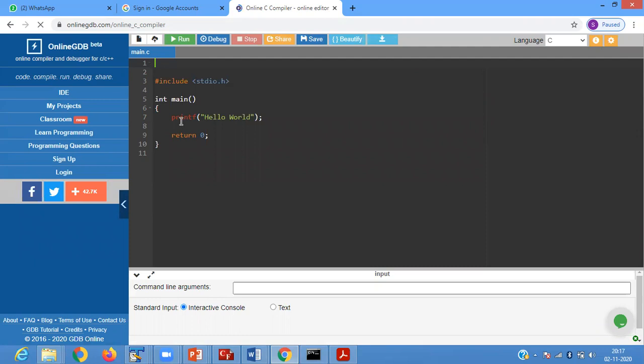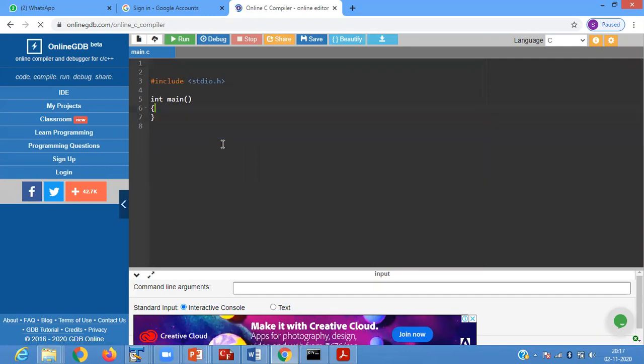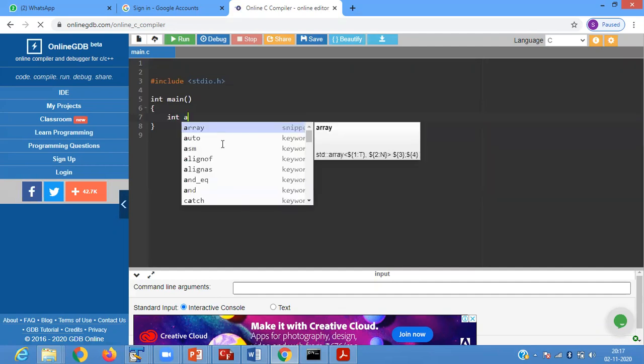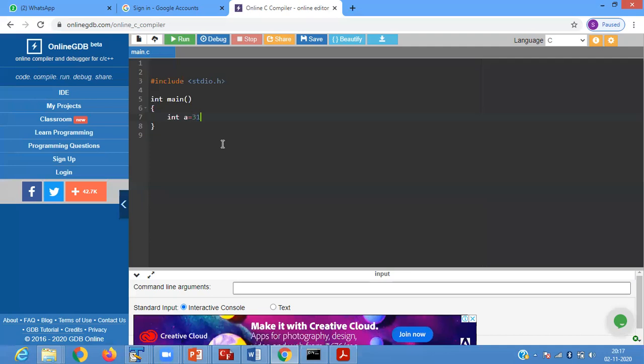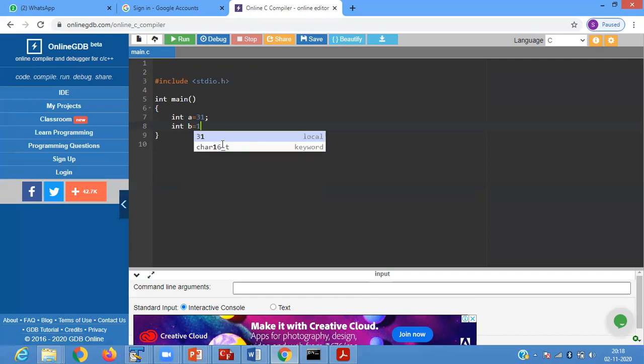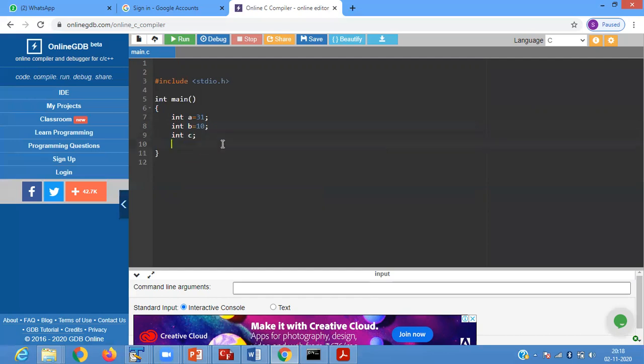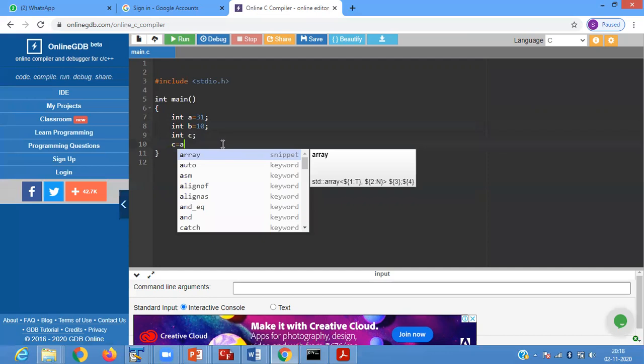So here we have to mention two variables. int a is, suppose, 31, then int b is equals to 10. Then another variable here I define, int c. The c is equals to a plus b.